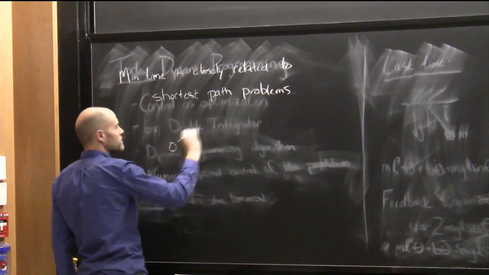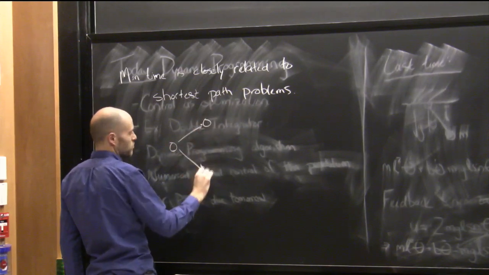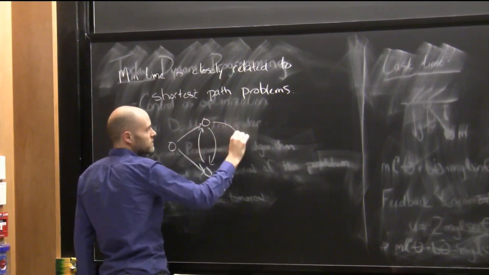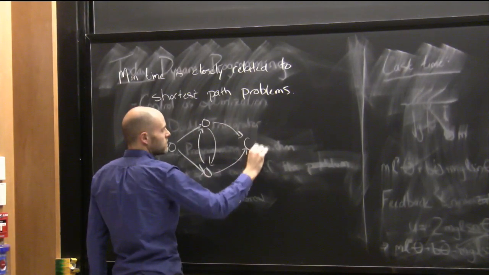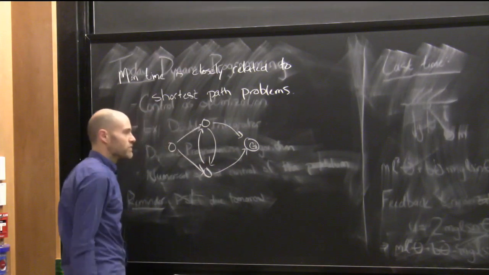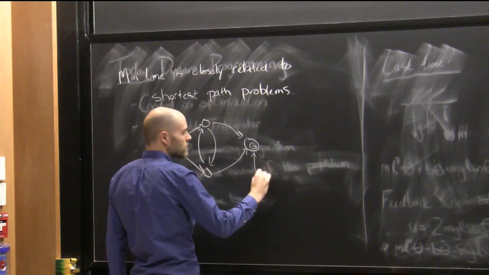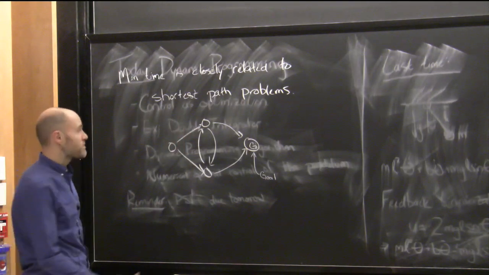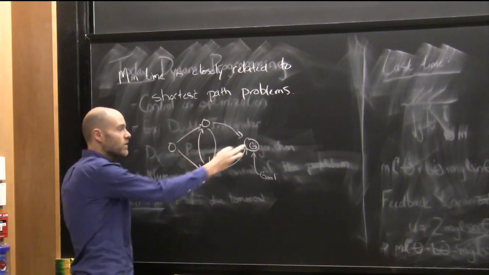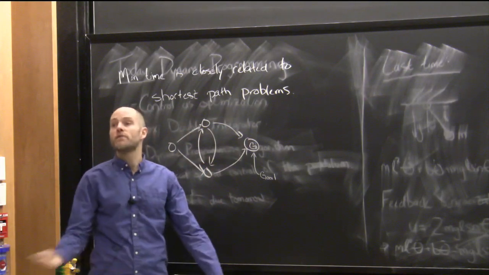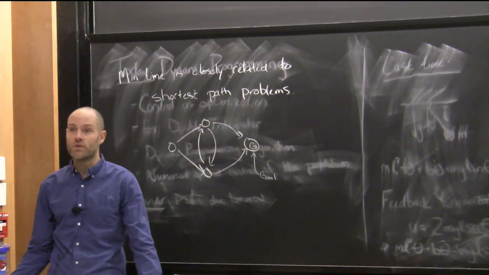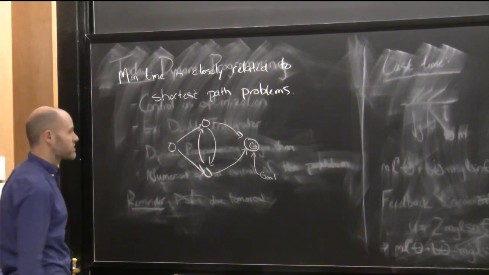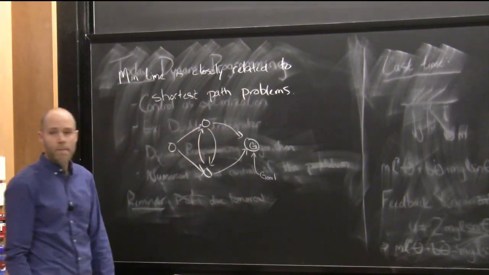So if I have some graph, draw whatever you want here, and I've got some goal, and I want to find what is the shortest path from any given state to the goal, then there's a whole family of algorithms that will tell you how to do that. If you're taking a computer science course on search, there's lots of search algorithms to do it.